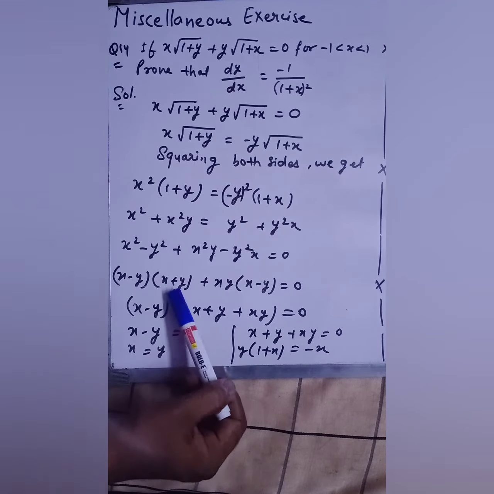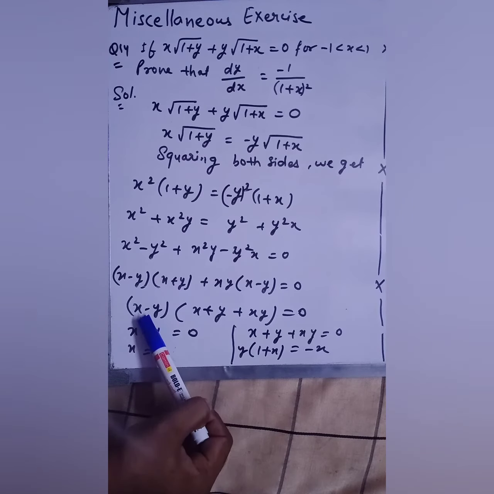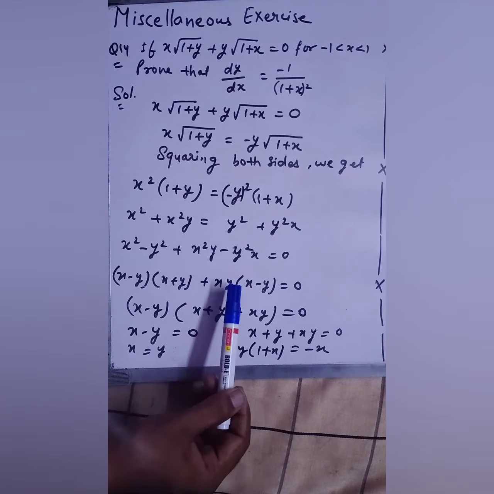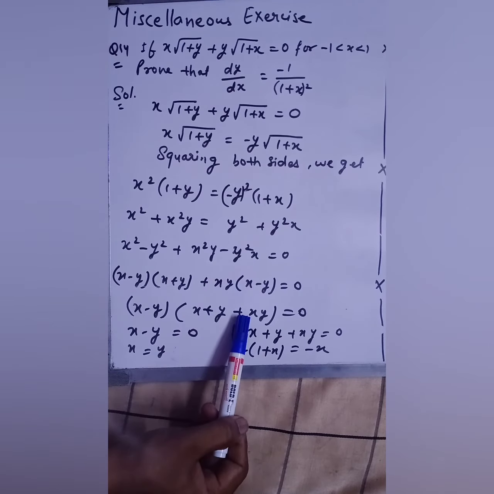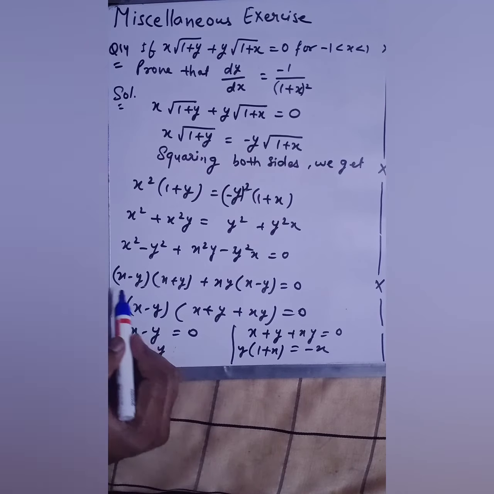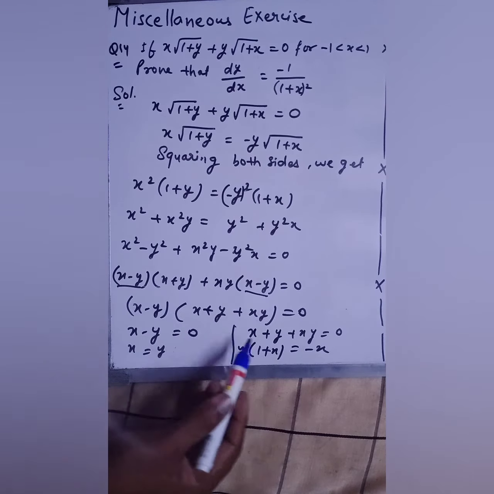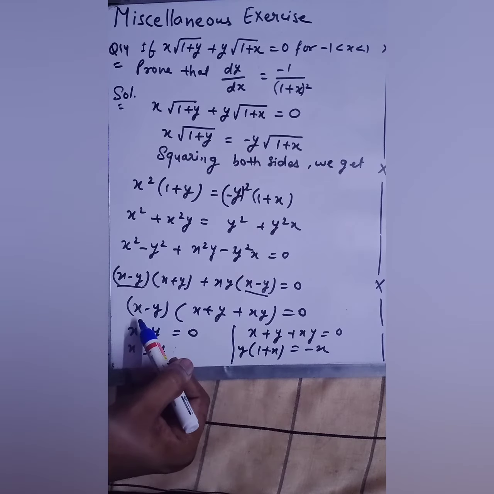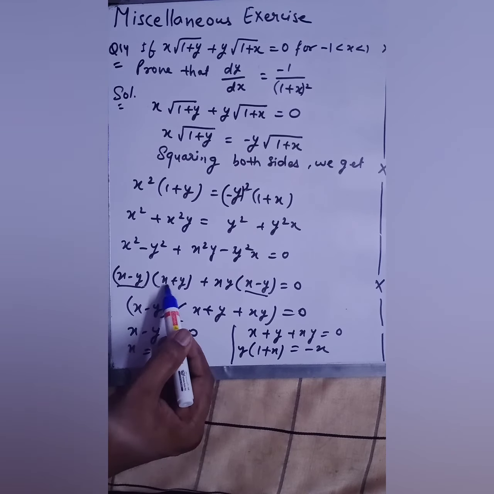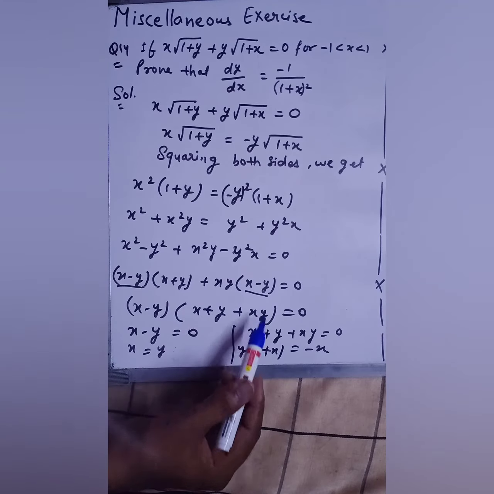Now you can see that from this and this, your (x-y) will be common. Fine. And what you will get is (x+y+xy), because these two will come common. Okay, (x-y) and this you will get (x+y+xy), like this.